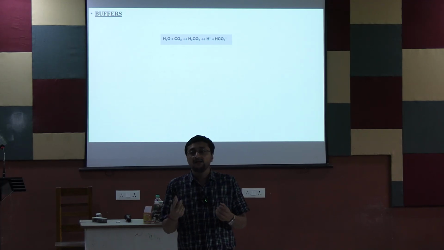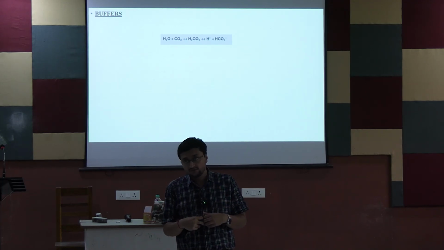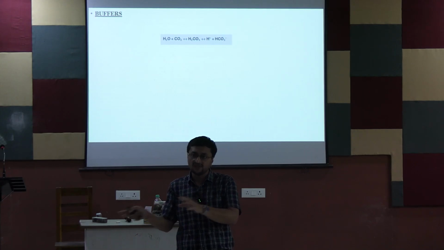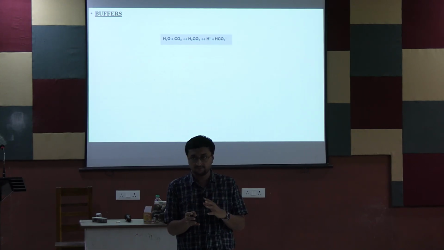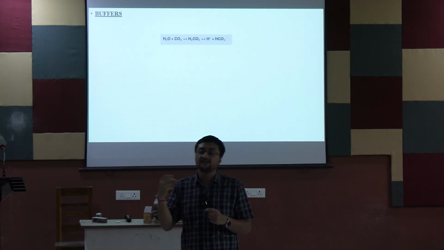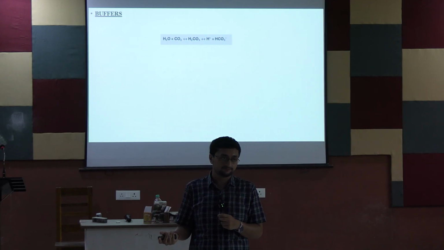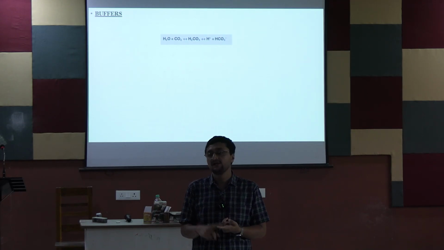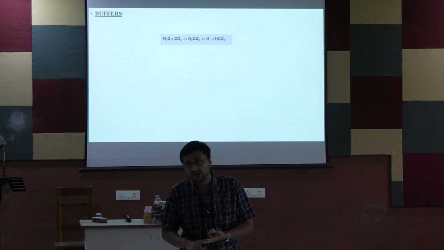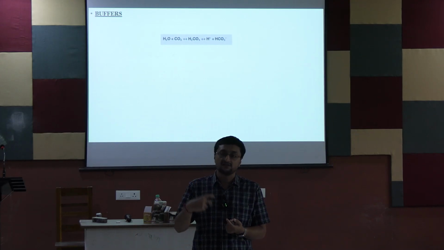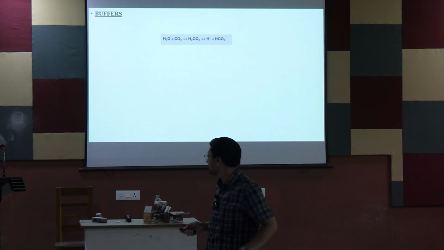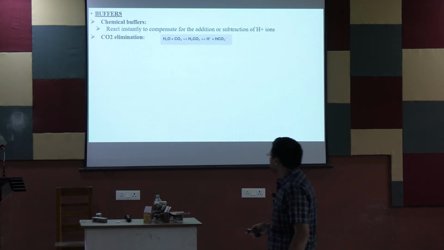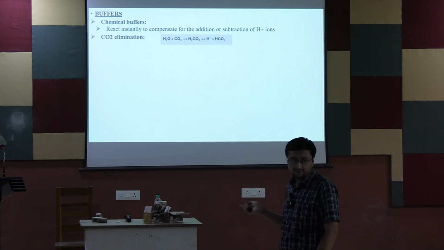So kidney reabsorbs bicarbonate or excretes bicarbonate depending upon the acid base change, and also the H plus ion. So primarily, predominantly, bicarbonate is controlled by kidney and CO2 is controlled by the lungs. So these are the two buffering areas. So this is the chemical buffer, you all know.